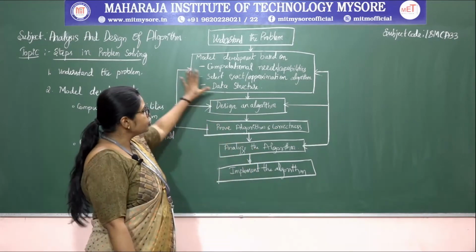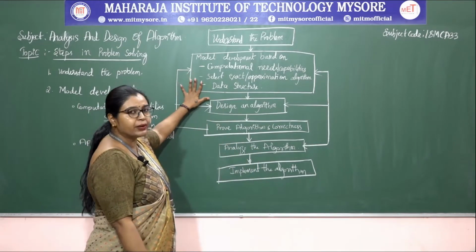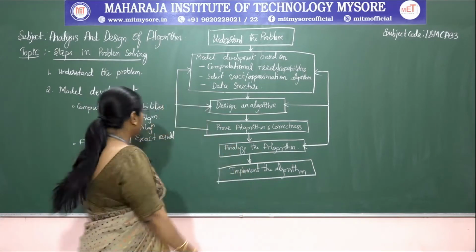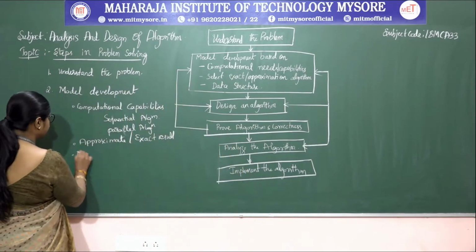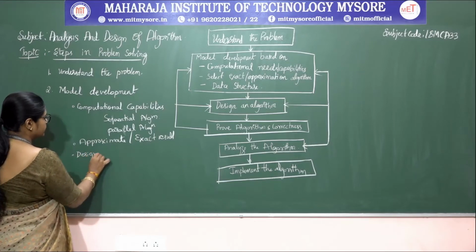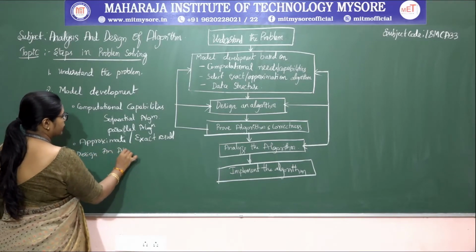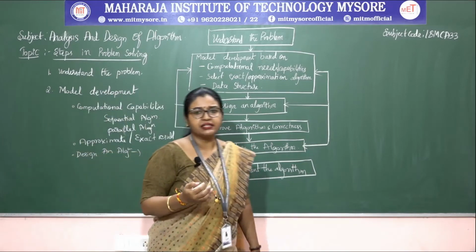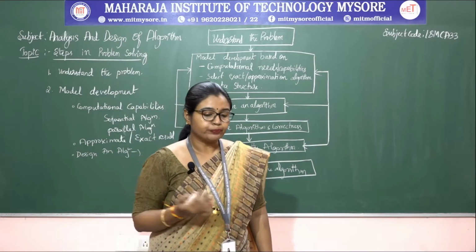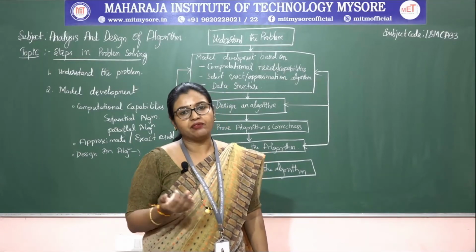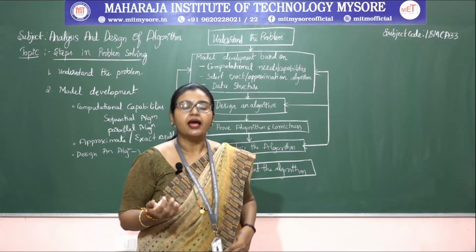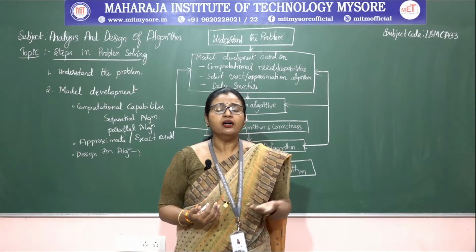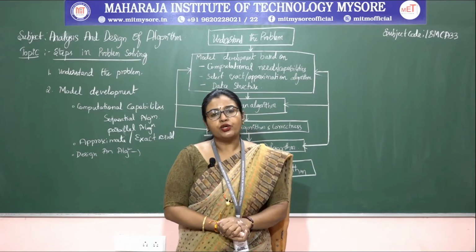Okay, so once you come up with this model development, the next step is to design an algorithm. An algorithm can be represented using natural language, like English statements, then pseudocode, or a flowchart, right?